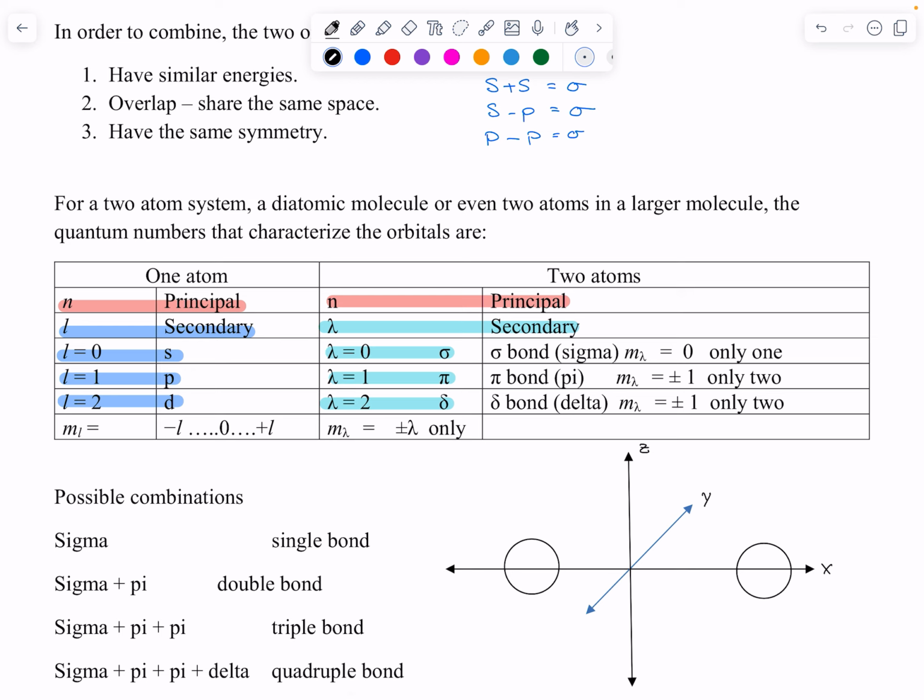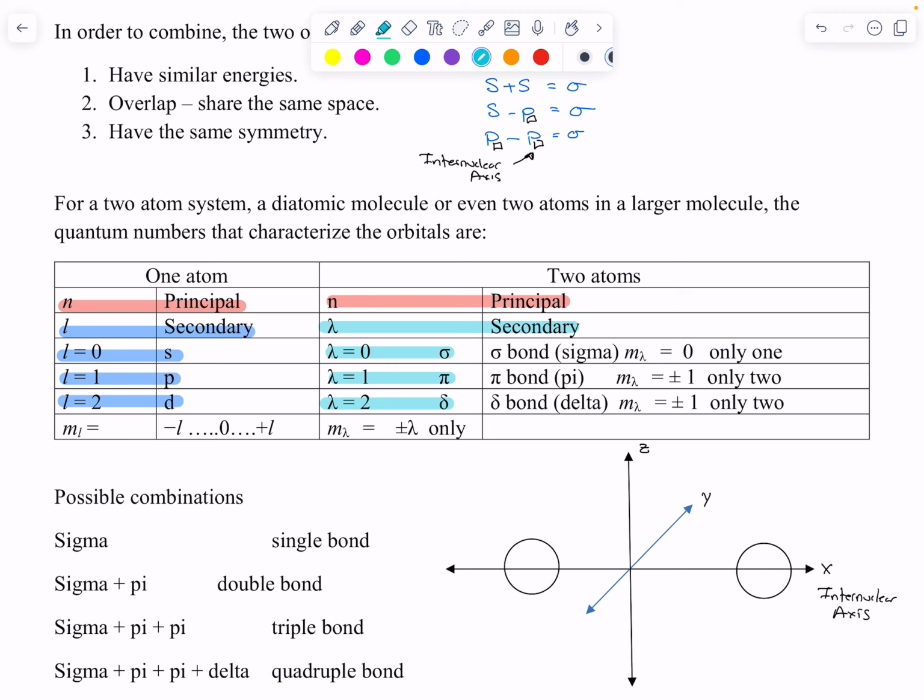So it doesn't have to be X, it is in this case, but this would have to be the internuclear axis. That would have to be on the same, right? Because a p on the axis, well, what's that going to look like?